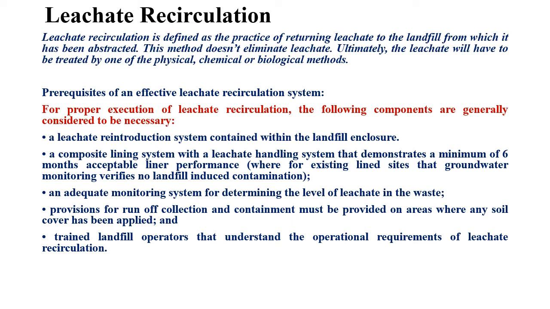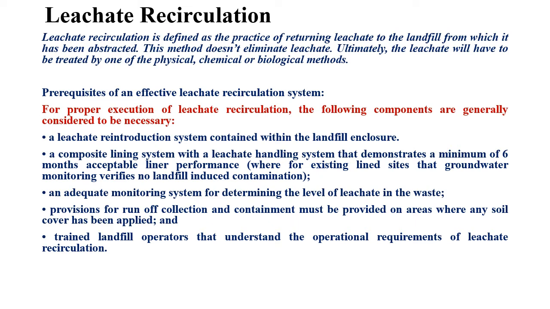But if you are planning leachate recirculation for a new landfill, then it will be better to give a separate performance evaluation for the liner system, because here the liner system has to be evaluated for extra leak detection, because the leachate is going to be recirculated back into the landfill, and you don't want any interference with the usual function of the lining system, and the liner performance should be extremely good.